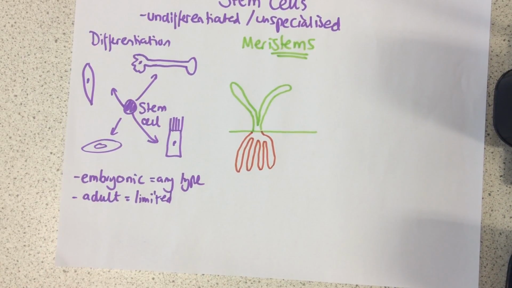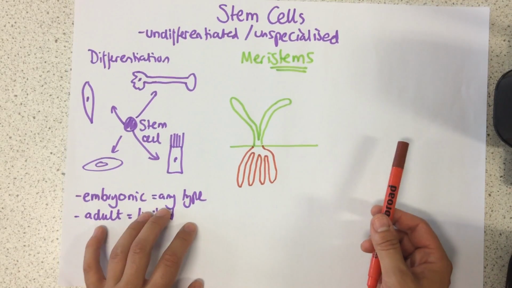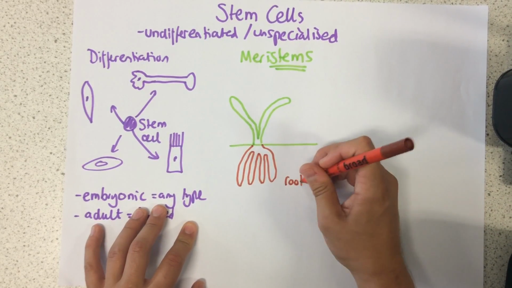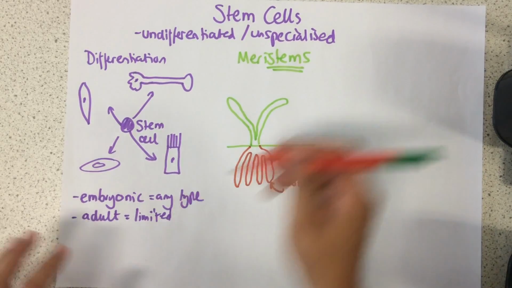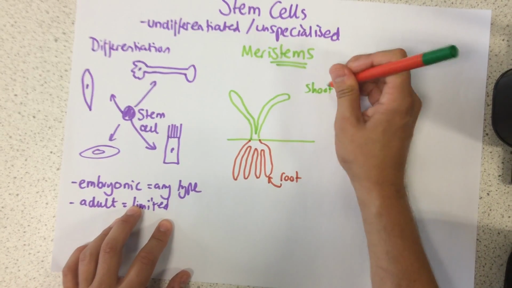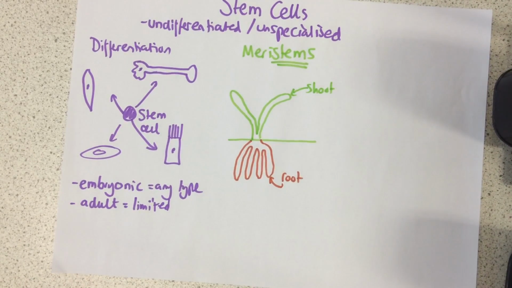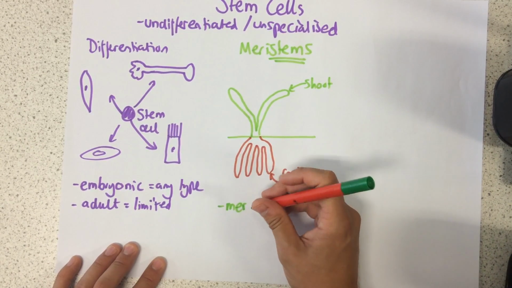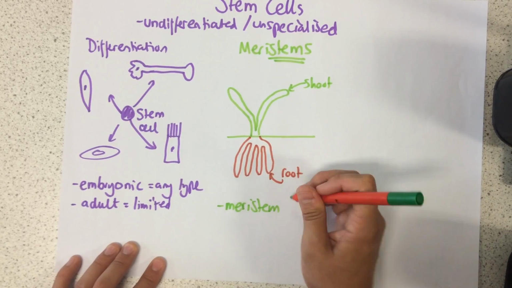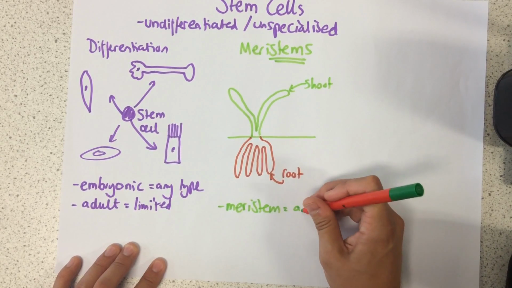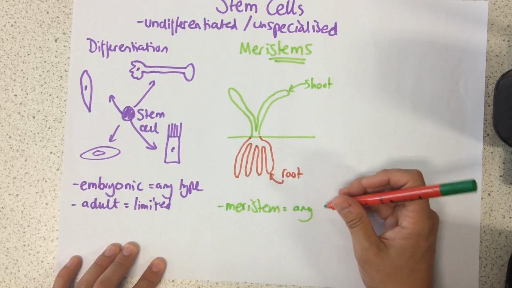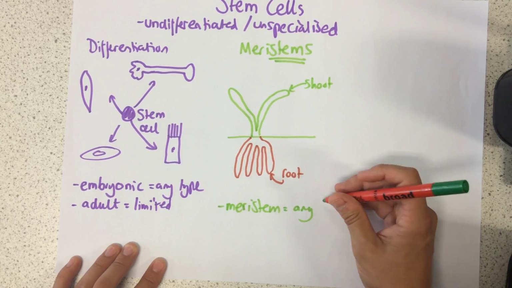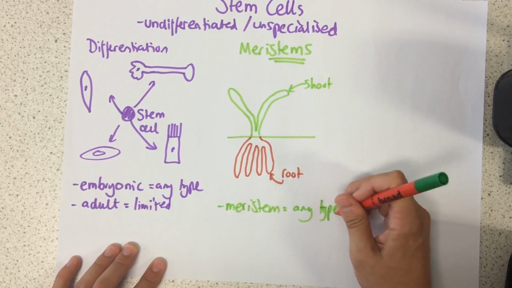So we find meristems in the tip of the root and within the tip of the shoots. So these meristems can become any type of cell, any type of plant cell. So this can happen throughout the whole lifetime of the plant.